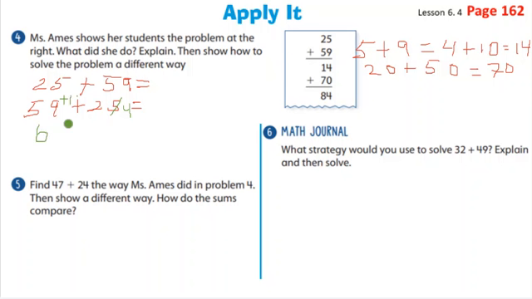So that gives me 60 plus 24. Because remember, I have that 2 10s, so 24. That equals that.